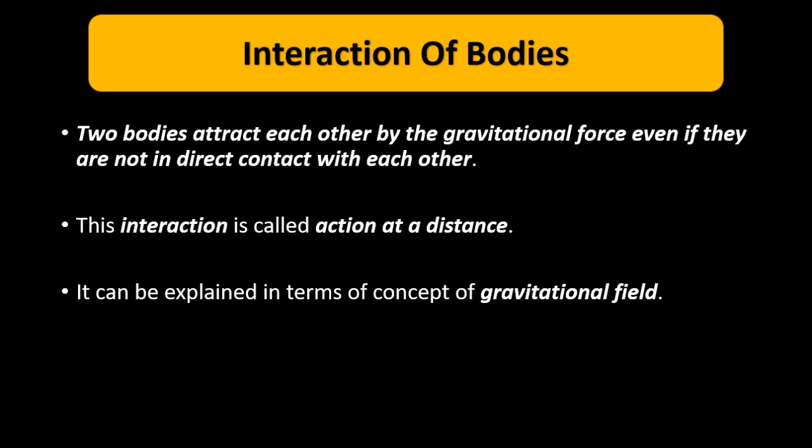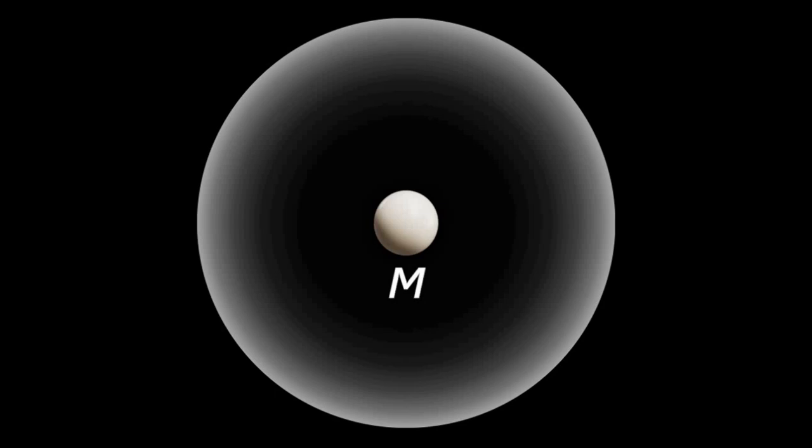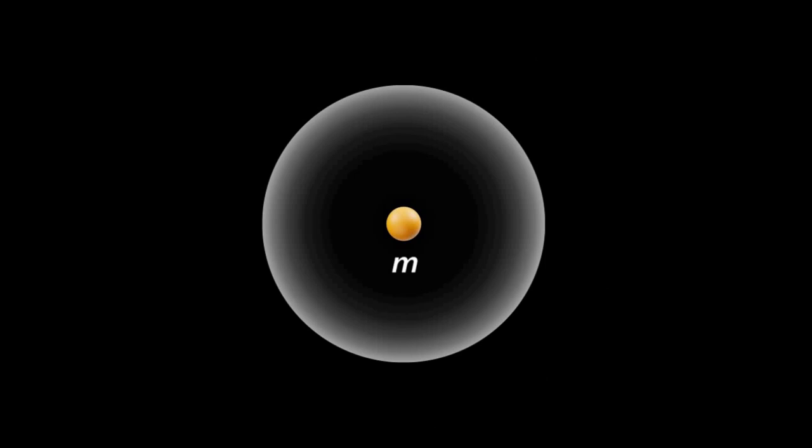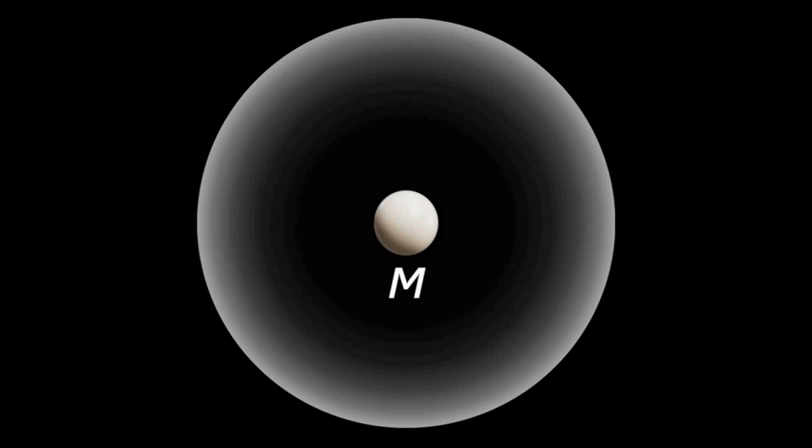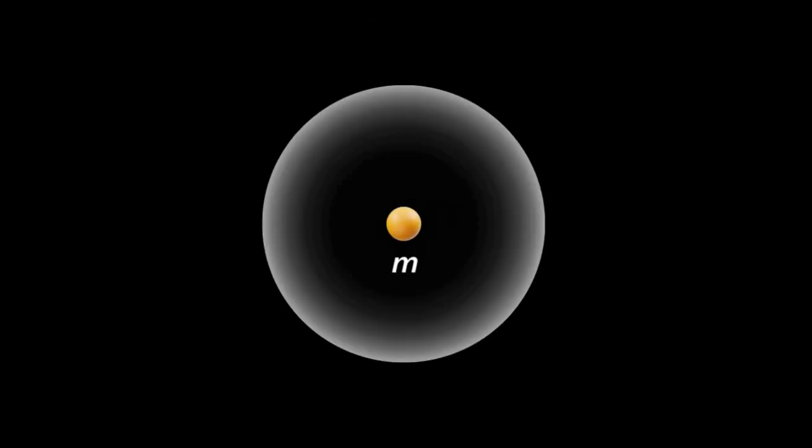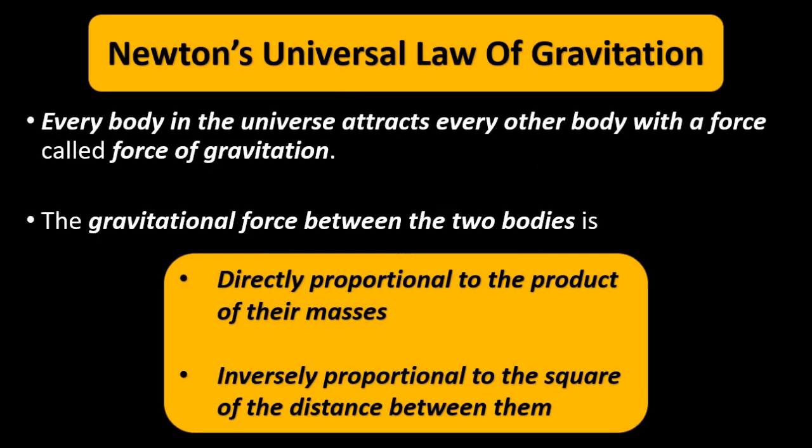Every mass or every object modifies the space around itself up to a certain point, and this modified space is called its gravitational field, the gravitational field of that mass. The whole interaction is governed as per Newton's universal law of gravitation.